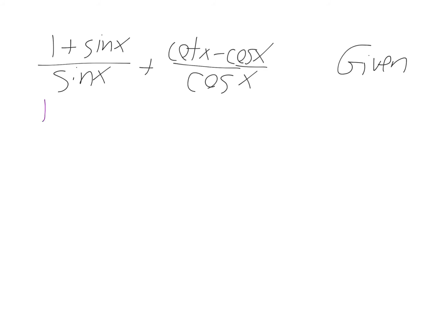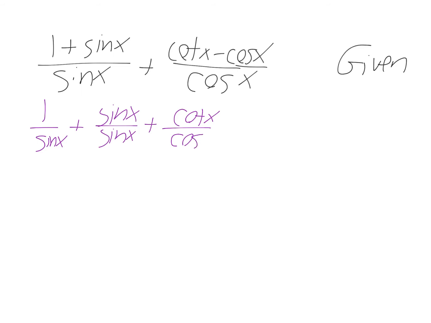So I've got 1 over sine of x plus sine of x over sine of x plus cotangent of x over cosine of x minus cosine of x over cosine of x. I got that just from expansion. Well, I've got a few things here I can work with.